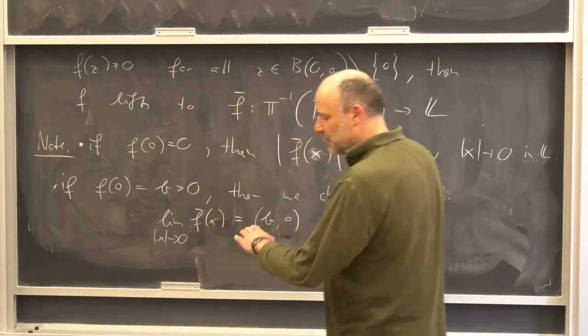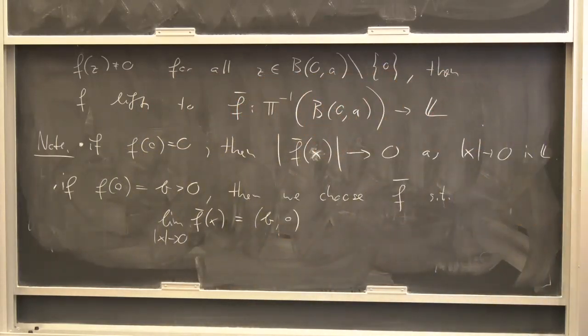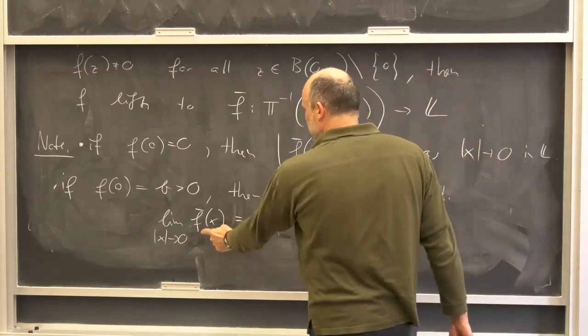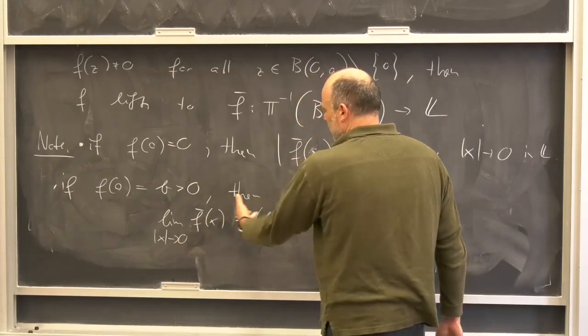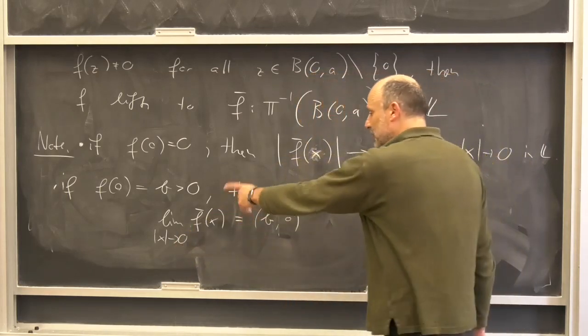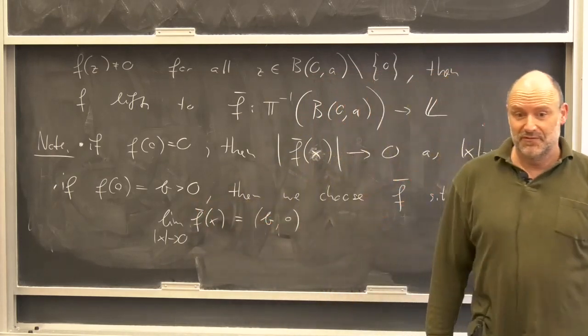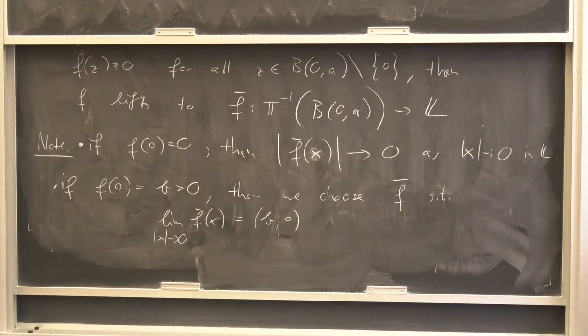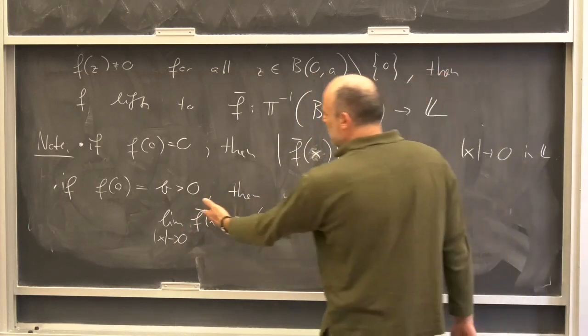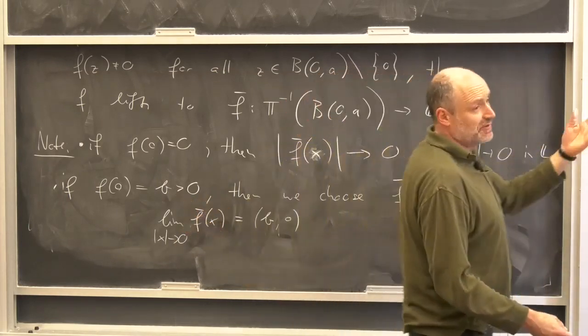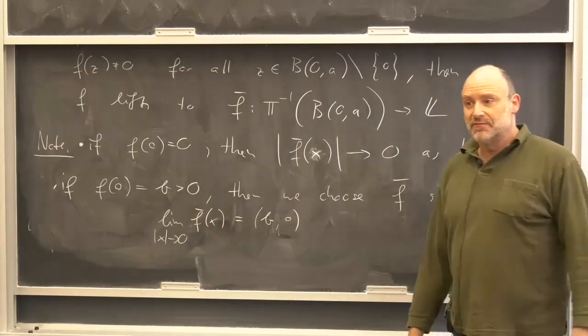It could be any of those points, or it could be the point (b, 2 pi) instead. So I could also say that I want it to be there instead of (b, 0). But once I've chosen this point, all the other image points will be close to that point on the Riemann surface. What do I mean by this limit? The topology on the Riemann surface, take the box topology. That's fair enough.